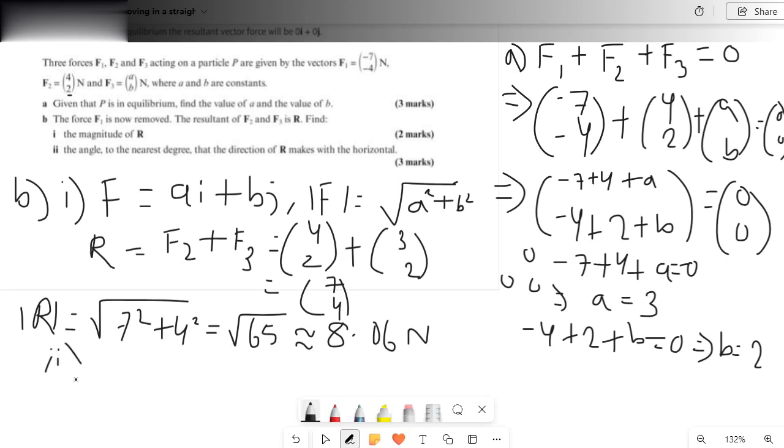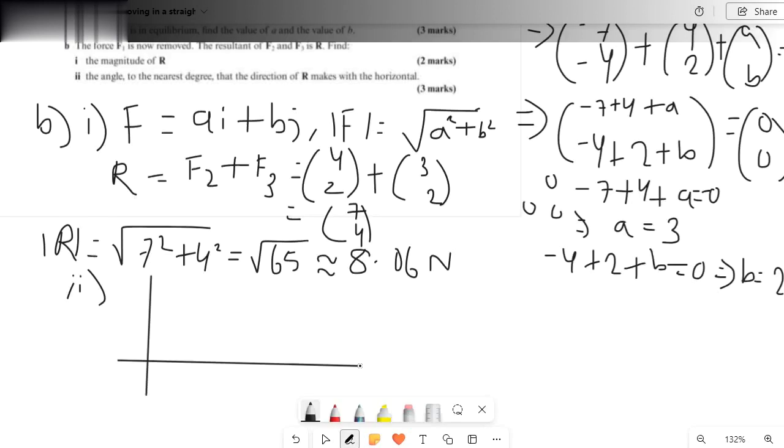For part 2, we have to find out the angle that R makes with the horizontal. So if we plot the position of R, we can say that if this is i and if this is j, then R must be here, which is 7, and this must be 4, meaning the position of R should be here.